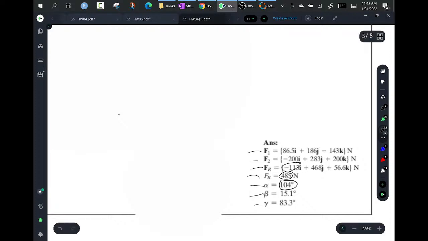You take 468 divided by 485, pretty close to 1. If you got 1, you'd get a 0, but you don't, but you got closer. So you get 15. He's saying 56 over 485. Take the arc cosine and get 83.